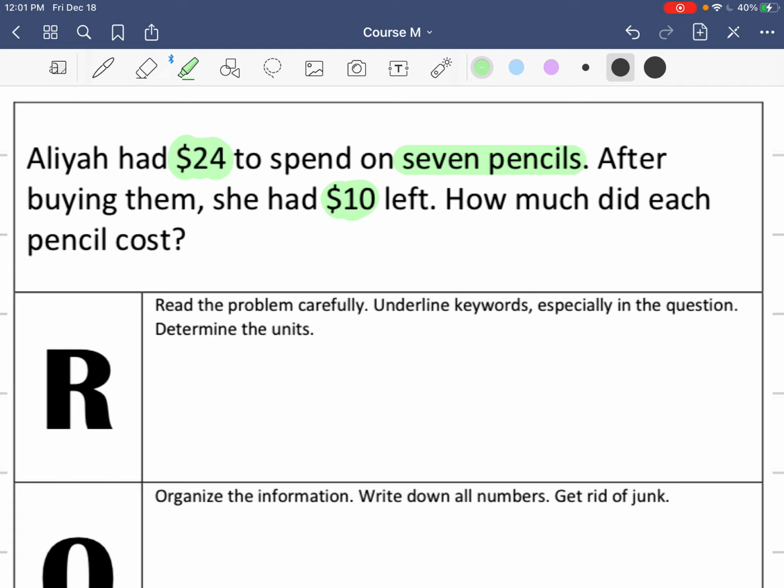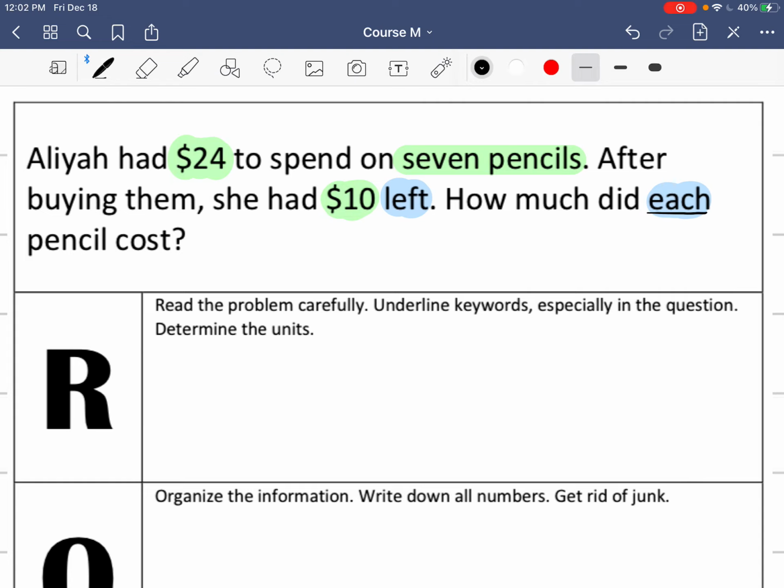How much did each pencil cost? I'm also going to highlight keywords, left and each. I'm especially interested in this one because it's in the question, and that is where the keywords matter most.